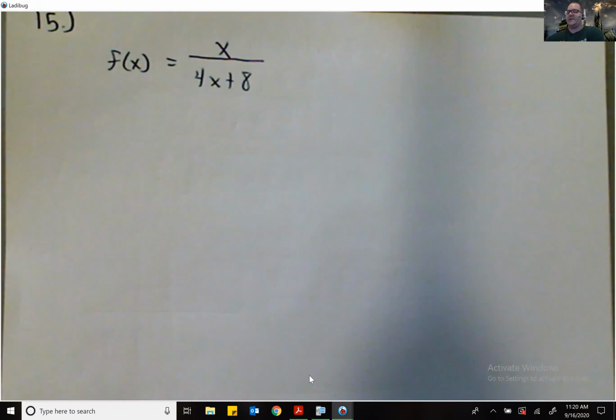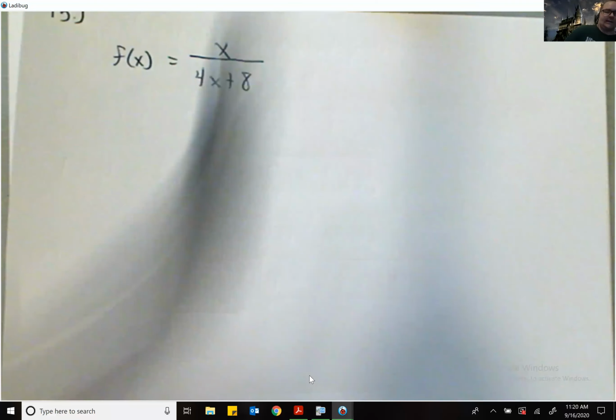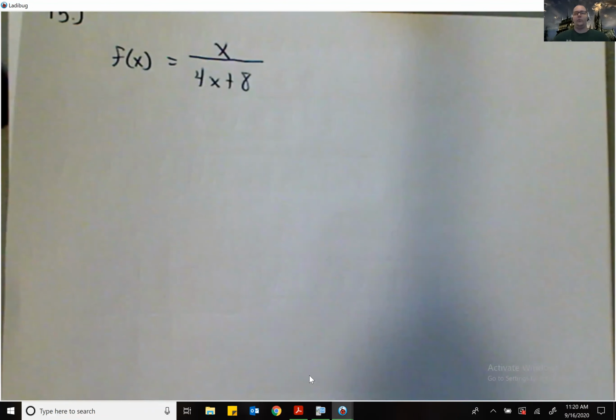When I'm looking at equations, when we talk about domain, the very first thing you're going to assume is that the domain is all reals. Everything is good to go. So every x value is a-okay.